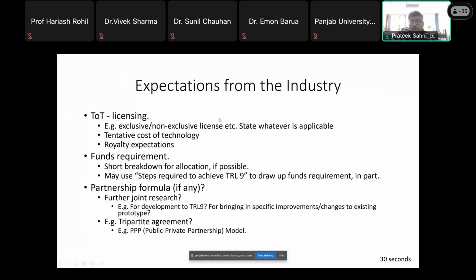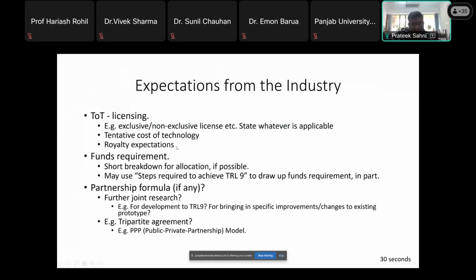Having the help of people who are knowledgeable in contracts management and drafting can help. Your institutes should have such people. You might also want to mention the tentative cost of your technology here and any royalty expectations that you might have. Any other issues in the actual licensing you can mention here, because the industry needs to know these.